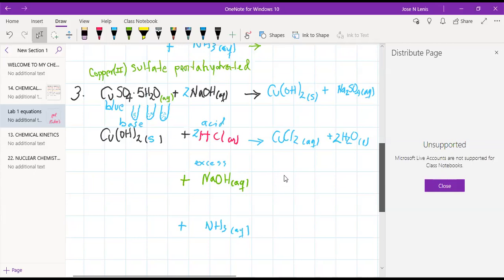And when that happened, you notice a little color change to a deep blue. That's because of the formation of another complex.